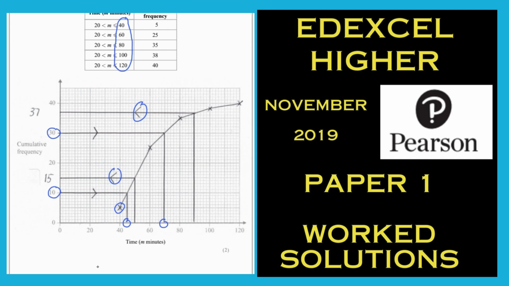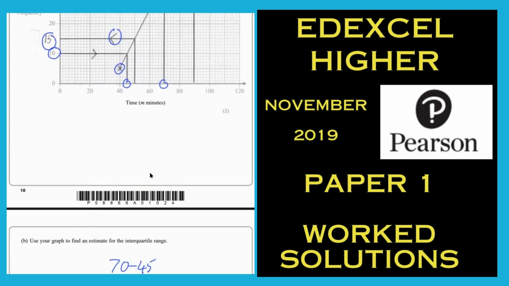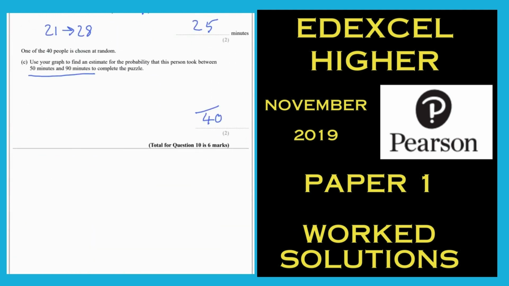There's my 90, up and across, I get 37. 37 minus 15 means 22 people are between. No, you don't have to cancel it down, and yet the mark scheme allows that 22 to be any number between 19 and 24 inclusive.